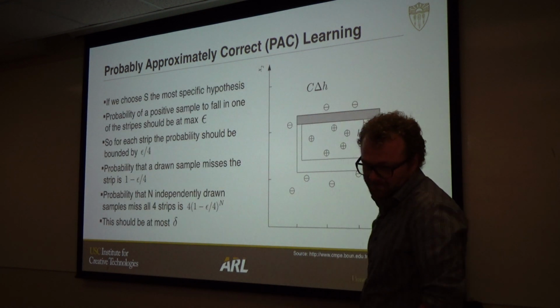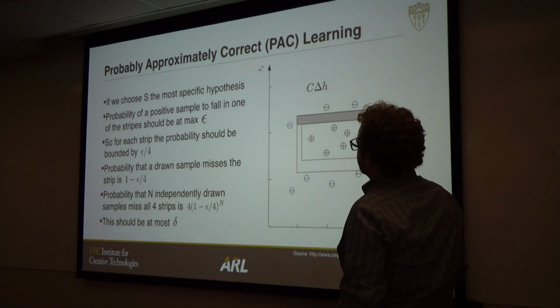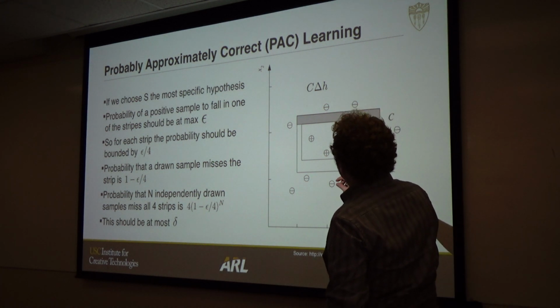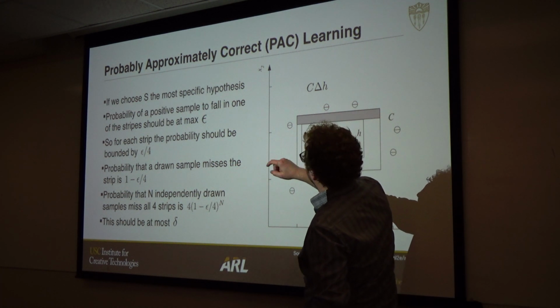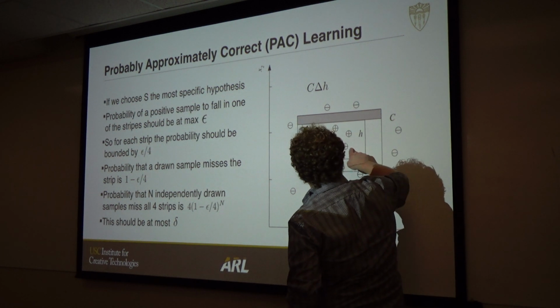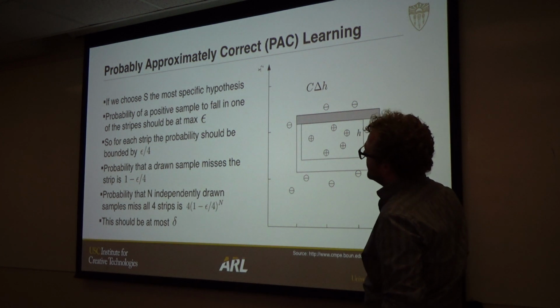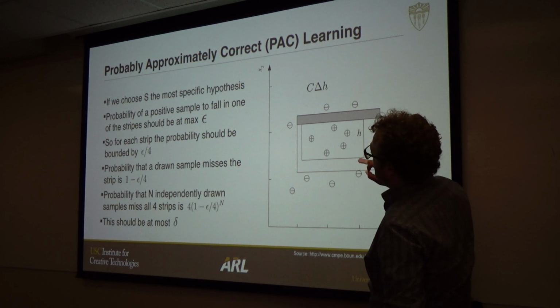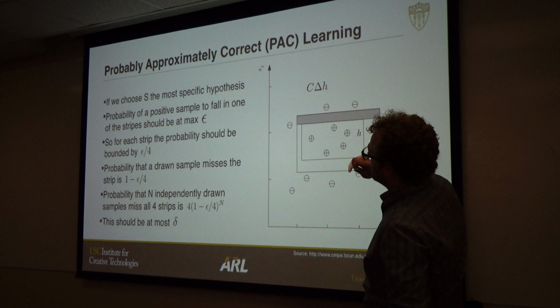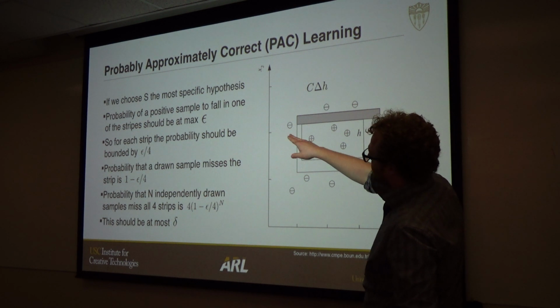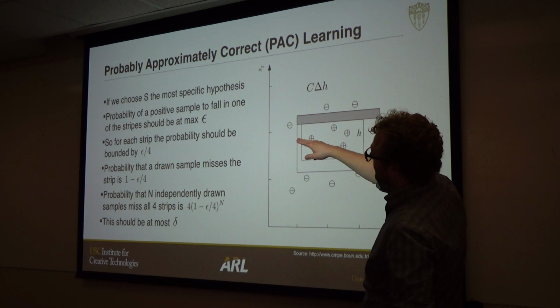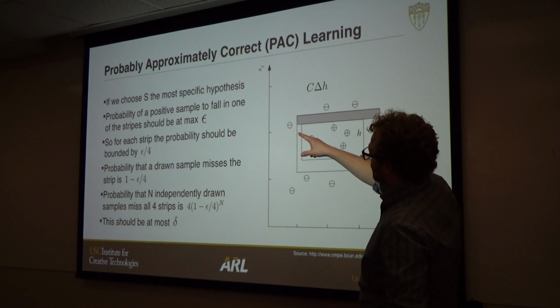Okay, so let's look at this. If you remember, S was the most specific hypothesis, the one that goes around here. With a probability of epsilon, a sample falls in the strip. So the probability of a possible sample falling in one of the strips should be at most epsilon.